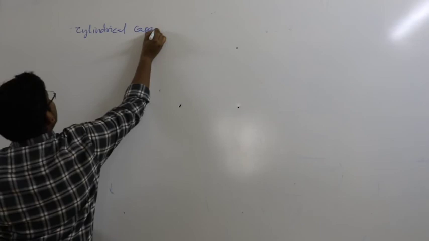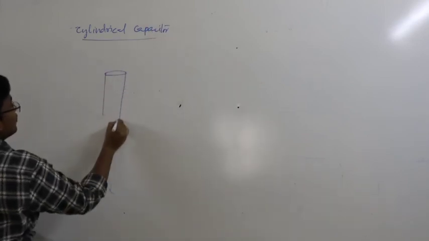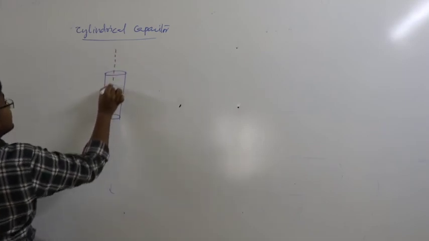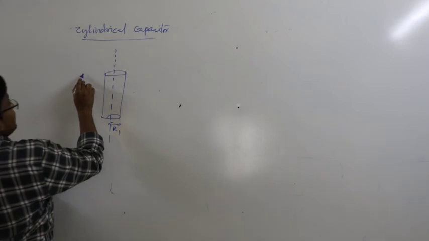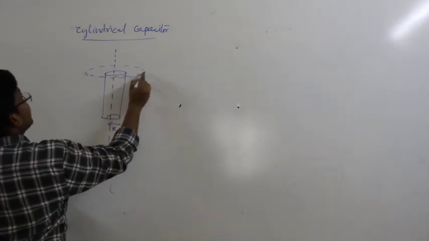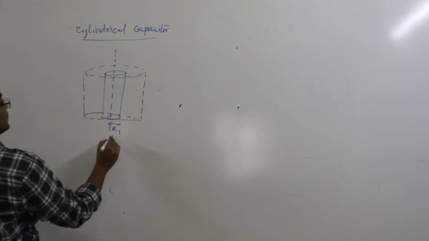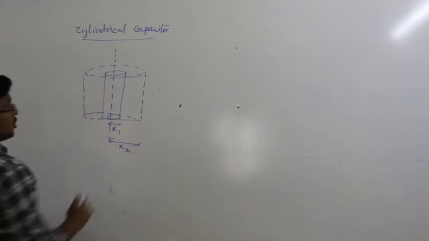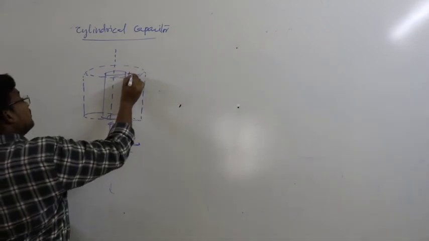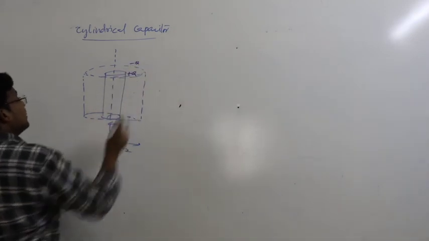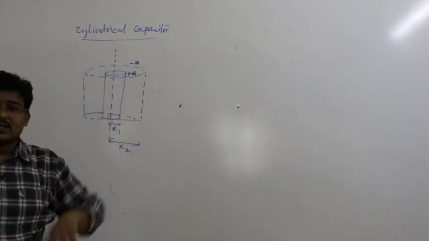Take a cylinder with this axis, of inner radius R1, surrounded by one more cylinder of radius R2. Now you give the charge from the outer to the inner, so that the inner will be plus Q and the outer will be minus Q. This forms a cylindrical capacitor system.